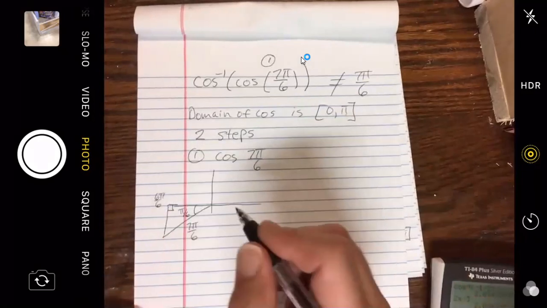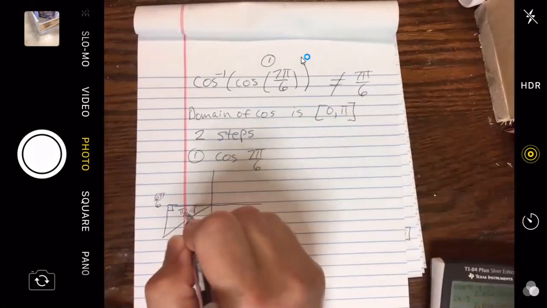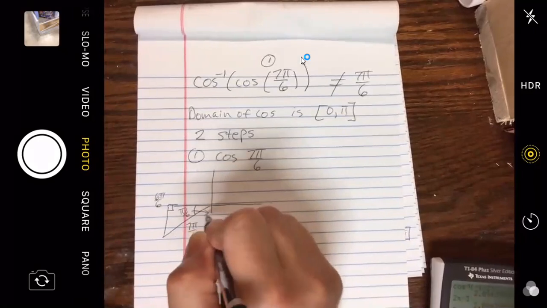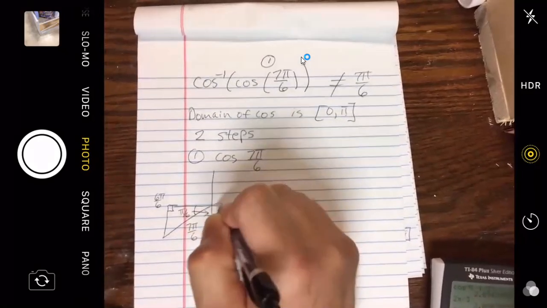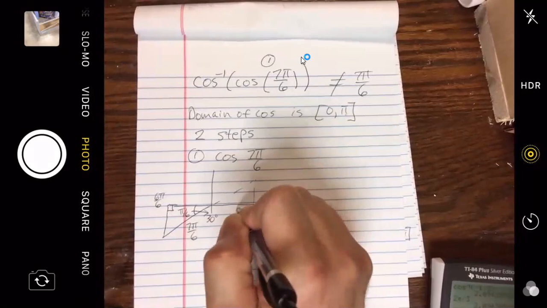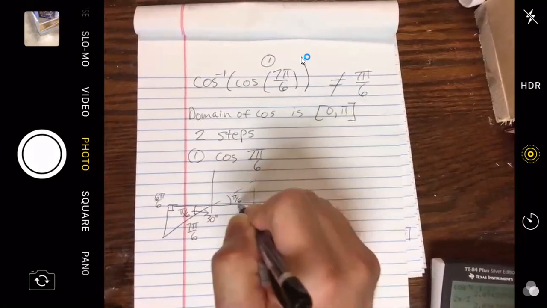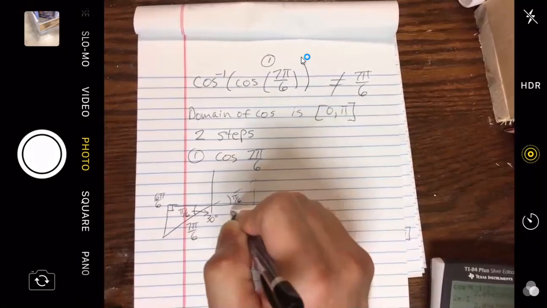No. Okay. Well, at pi over 6, that's 30 degrees. If you remember your reference up here, that's where this is pi over 6. And your x leg, it's negative, x leg is root 3 over 2. That's 30 degrees, and you're shallow enough that your x leg is long at root 3 over 2.